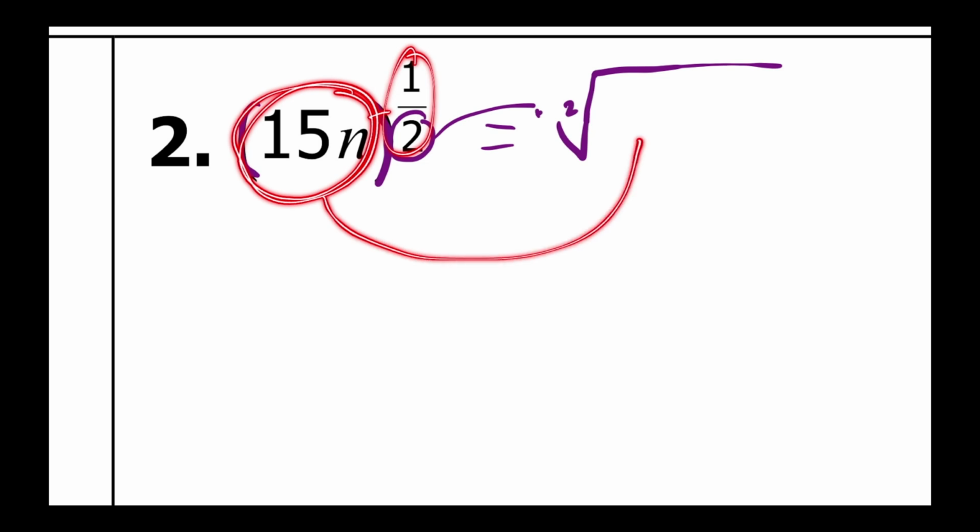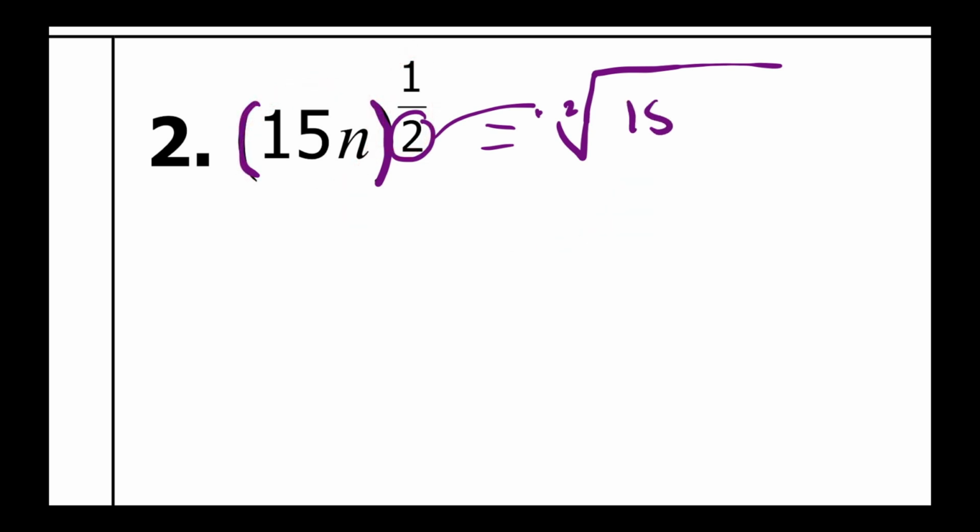So that means all of this goes inside the radical. When you don't see an index, that means square root. You guys understand that, right? But you could write a 2 in there if you want to.